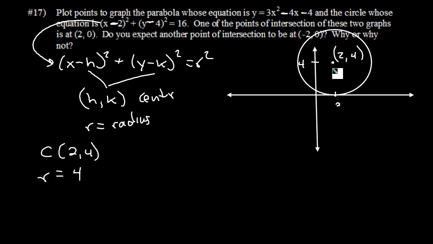It's going to look something like that. Then we have this parabola. It says one point of intersection between the parabola and this circle is the ordered pair 2, 0.